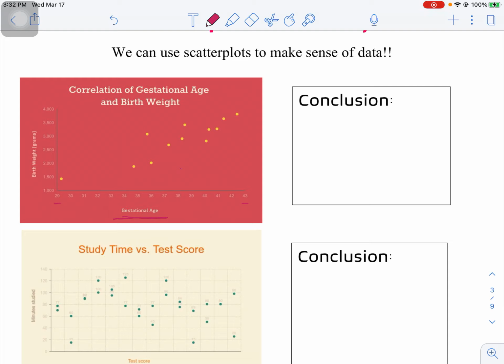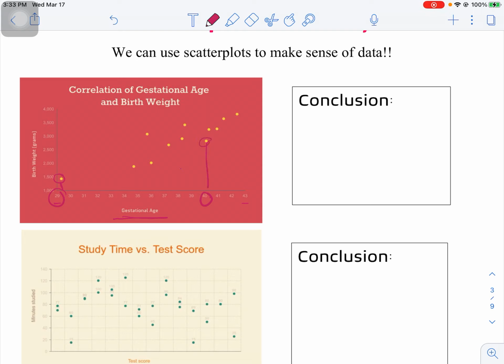But if you go over 40 weeks, that baby has more chance to gain more weight inside the mom. So it's going to be heavier when it comes out, usually. If a baby is born at 29 weeks here, we notice that it is much lower in weight than a baby that's born at 40 weeks up here.